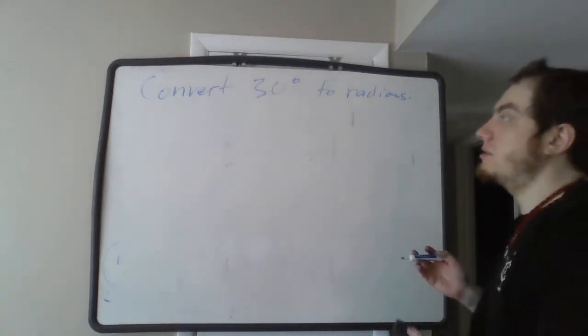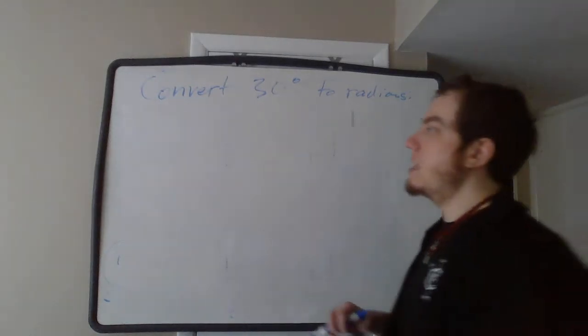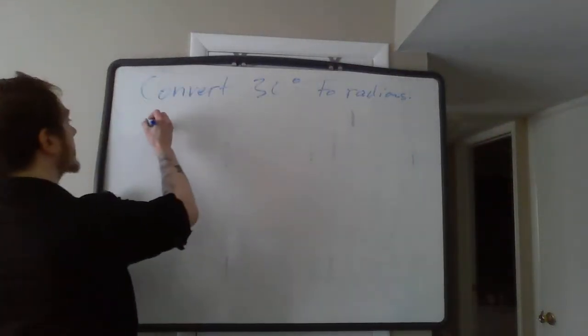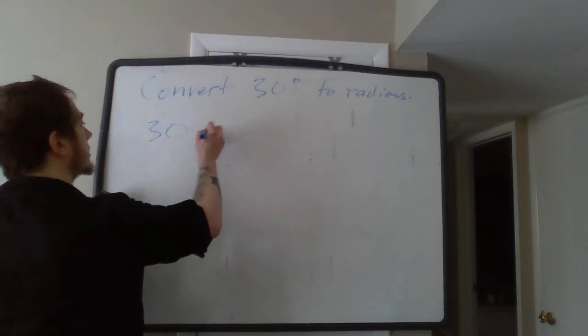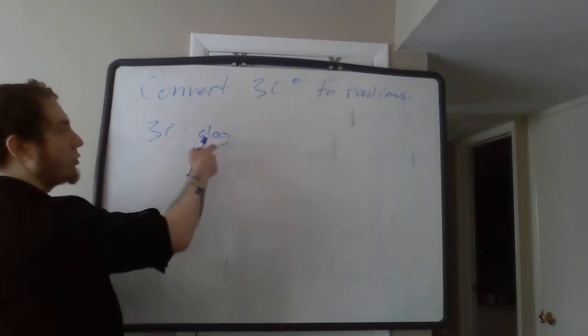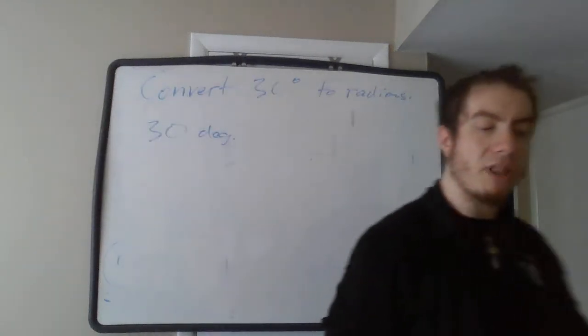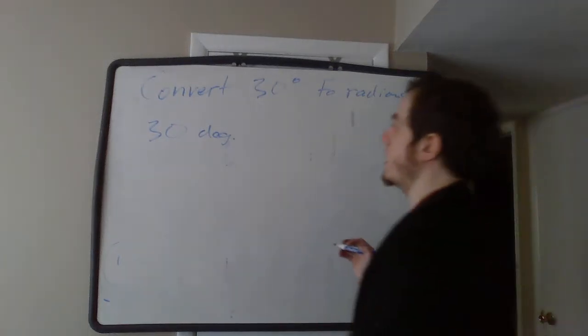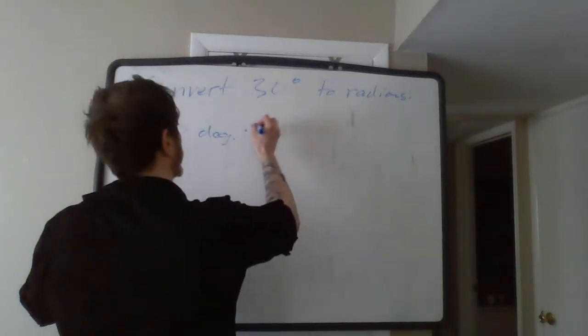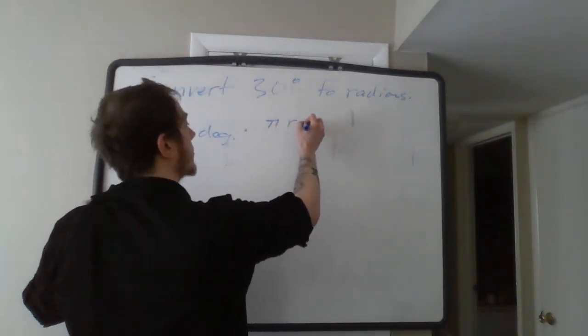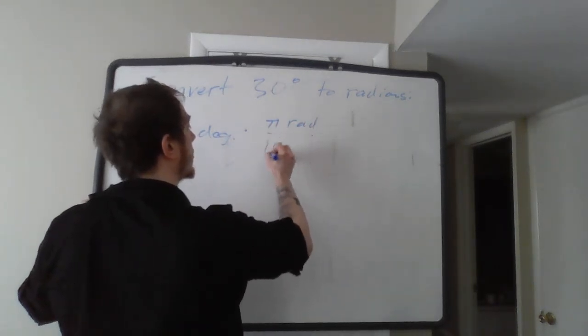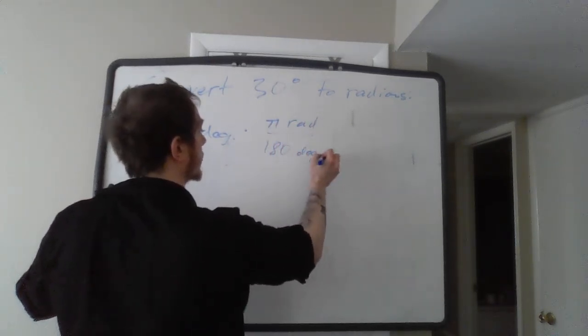And so what I'm going to do is I'm going to say that 30 degrees, and I want to get rid of the degrees, so I have to multiply by radians per degree. Well, this is going to be pi radians per 180 degrees.